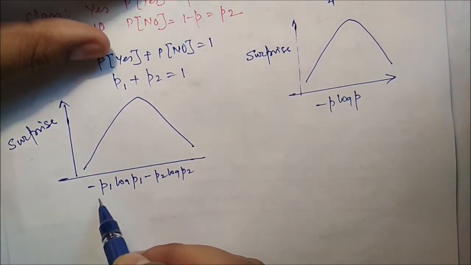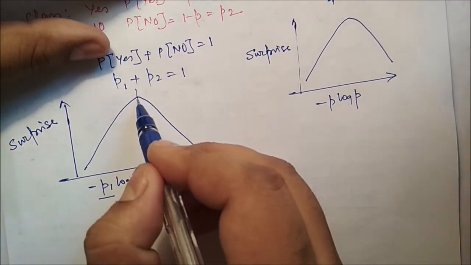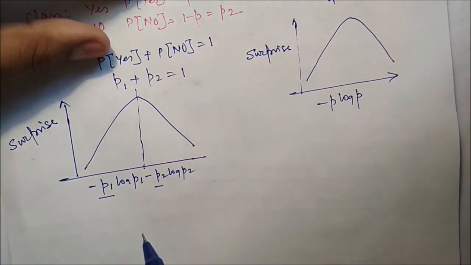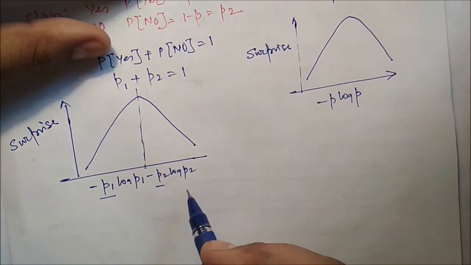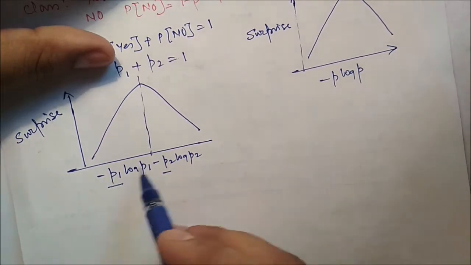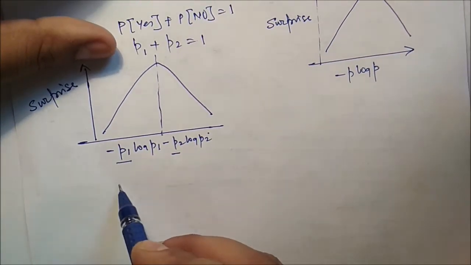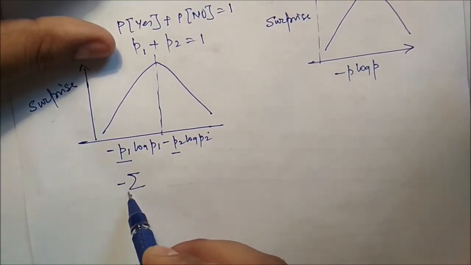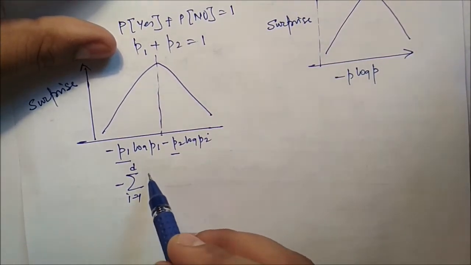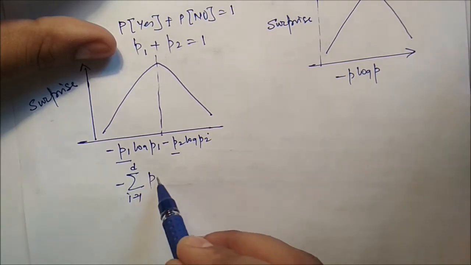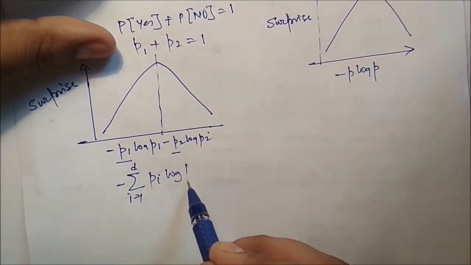When both are the same, it will be maximum, so it will be maximum when the two are equal. We can represent this as the summation from 1 to d, the number of class labels, of pi log pi.